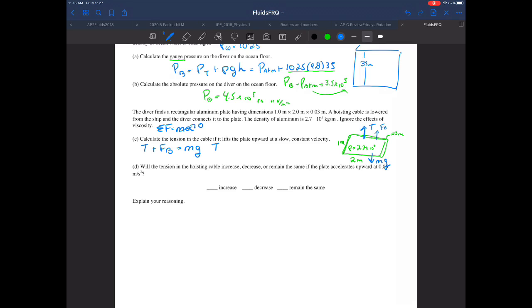So T plus the buoyant force, which is the weight of water displaced, so rho g V, where this is the volume of the plate, and that is the density times gravity, meaning the weight of water, W of water. And we'll set that equal to mg of the plate. Okay, let's plug in numbers there.